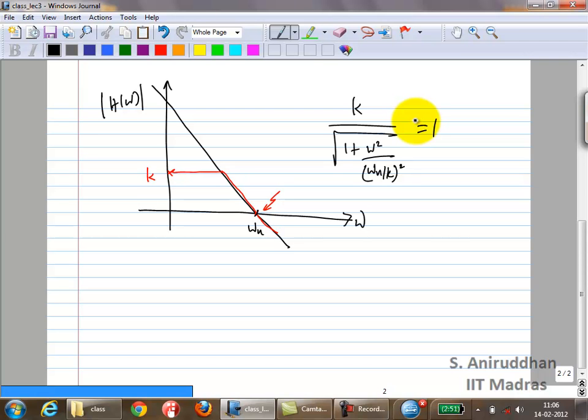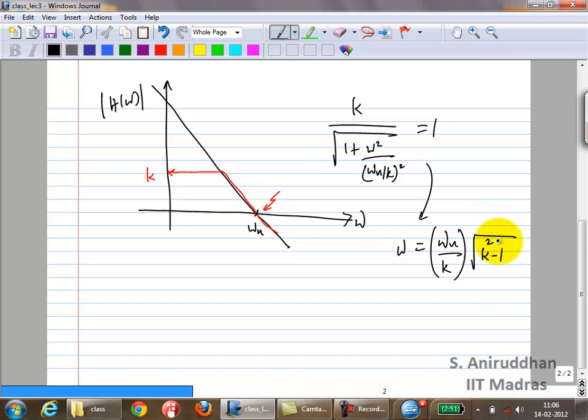So you're going to equate that to 1. You want to find out when that crosses the x-axis. What does this give you? Omega u over k, so you get k, is this right?